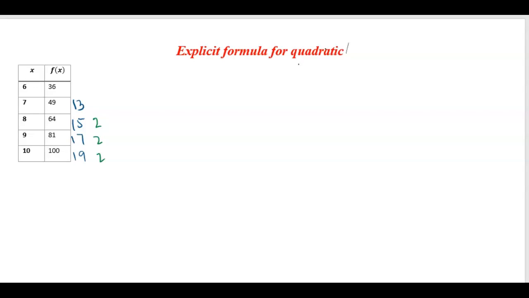Now, we know what a is. In this case, a is 2, which means a over 2 is equal to 2 over 2, which is 1. So I'm going to have f of x equal 1x squared plus something that I don't know what it is.